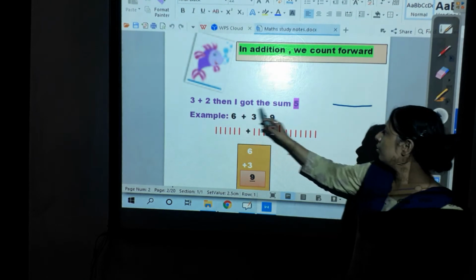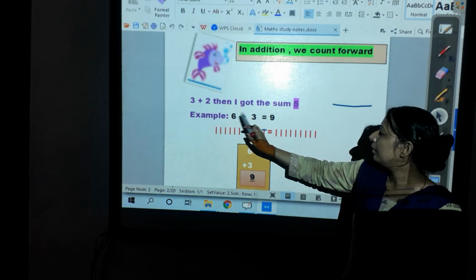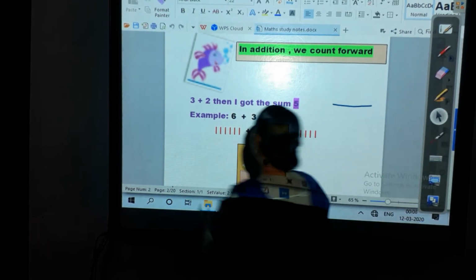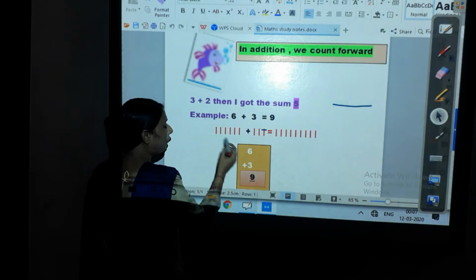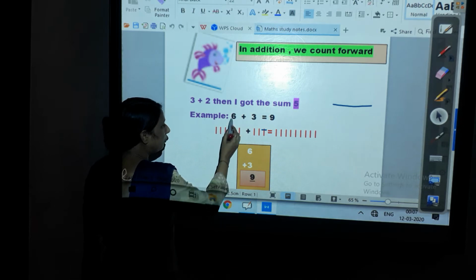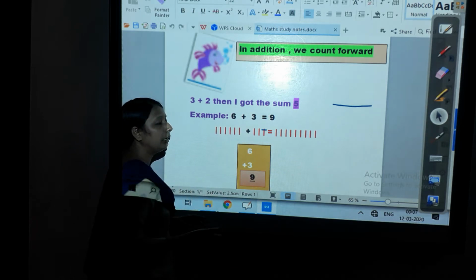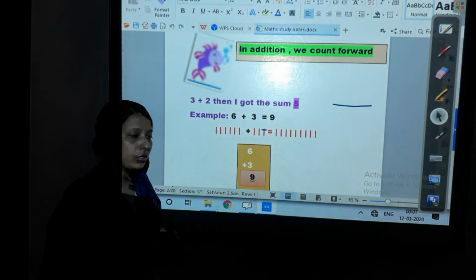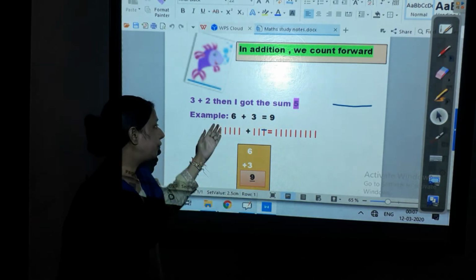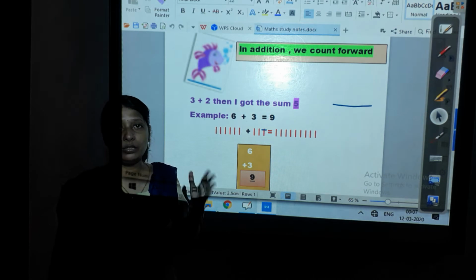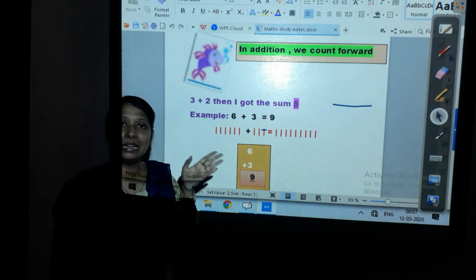Example 3 plus 2, 5. Example next, 6 plus 3. You can see I have drawn some lines. So 6 plus 3, we can count these things or objects in various ways. So the first way is to count the numbers with standing lines.